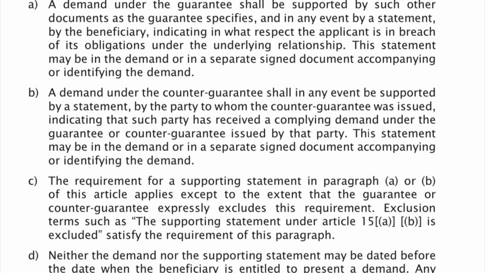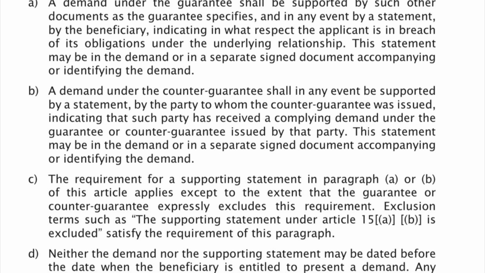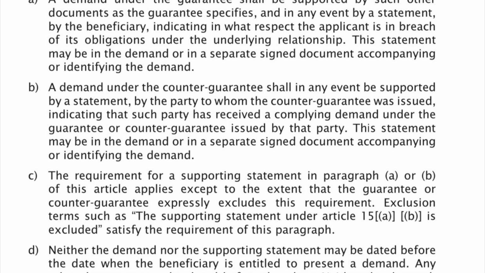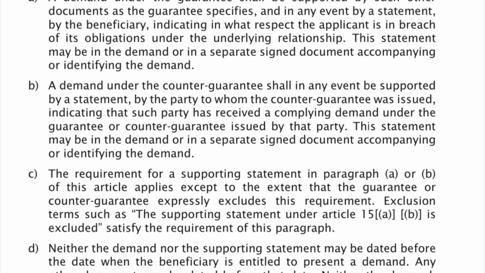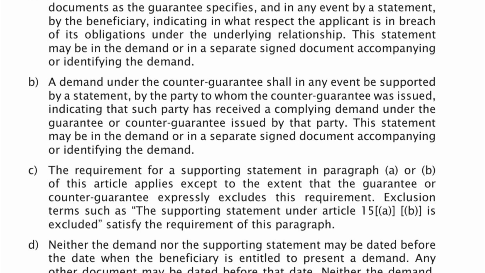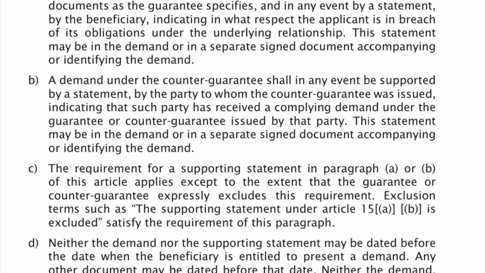As we discussed, Article 15C says, the requirement for a supporting statement in paragraph A or B of this article applies except to the extent that the guarantee or counter guarantee expressly excludes this statement.